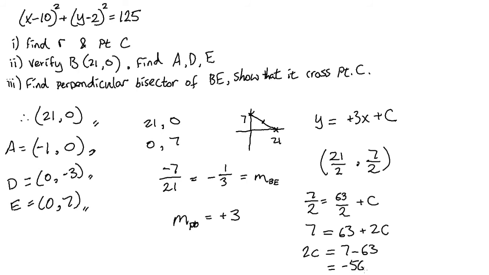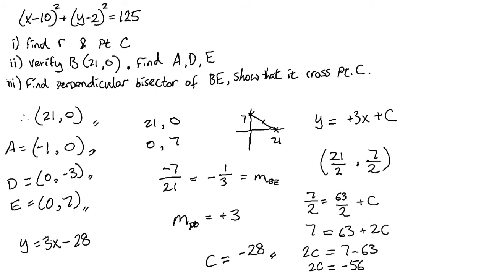That would give you −56 as 2c, and therefore the value of c is equal to −28. So we get that the equation is y = 3x − 28.